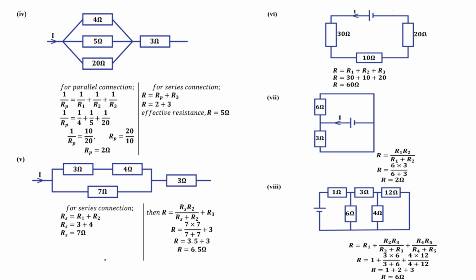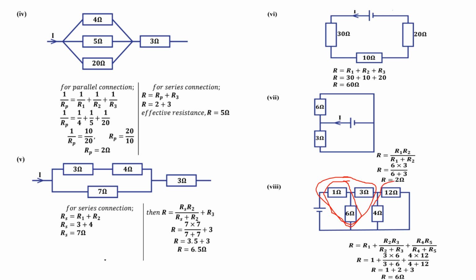If you look at 3 and 6, they are in parallel, but when you reduce them they become series with 1, so that's why we are adding. Then 12 and 4 are in parallel, so when you reduce them they become 1 that you have to add. So if you look at this and this, they are in parallel. When I reduce them, I get 1 in series, so I can add them.